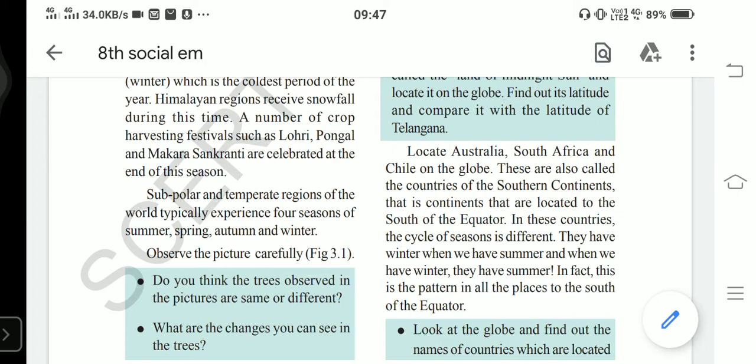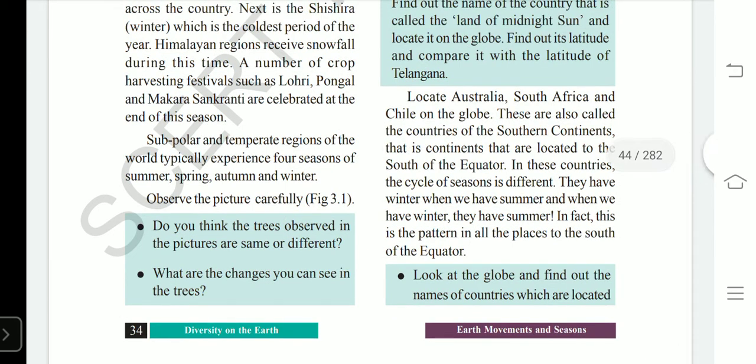So the continents which are to the south of the equator are called southern continents. These nations we call southern countries, as they are in continents located to the south of the equator, right?